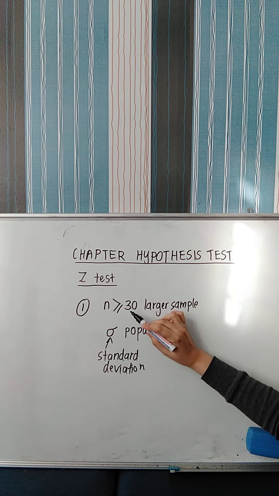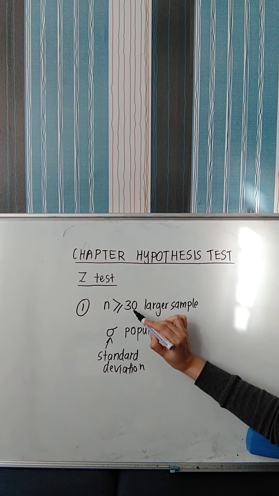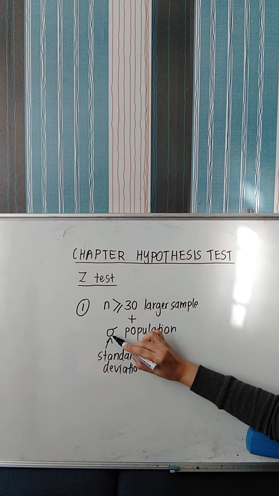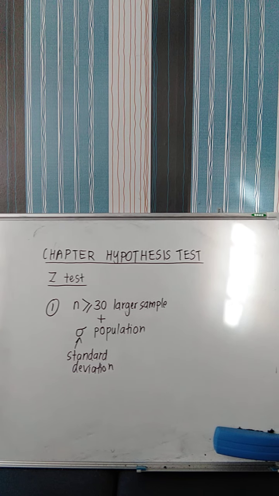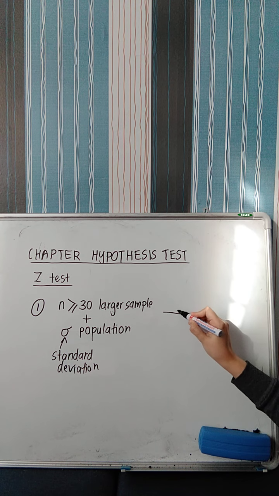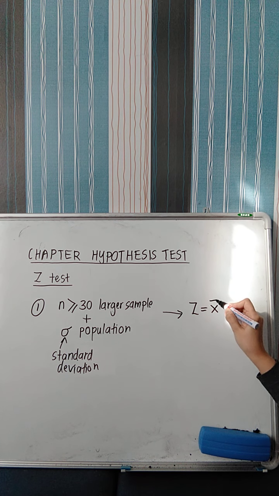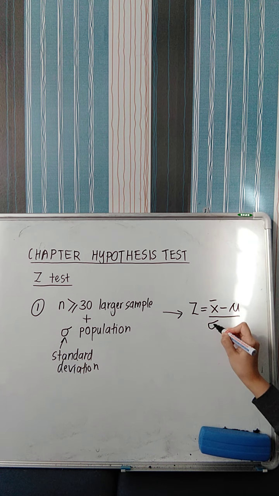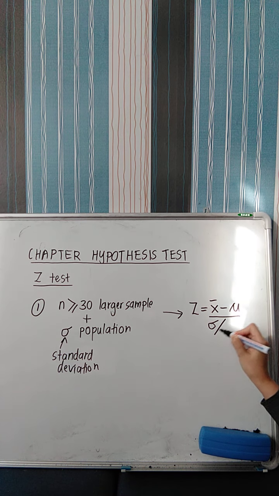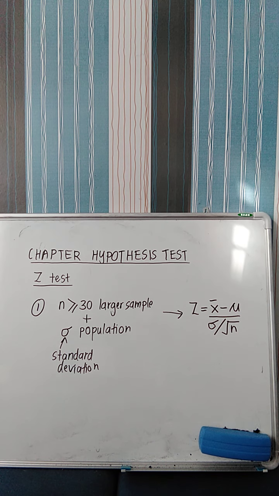With these two conditions, n more than or equal to 30 and you have the standard deviation for population, you must use the test statistic Z equal to X bar minus mu divided by sigma, the standard deviation, over square root n. This is for the first condition.